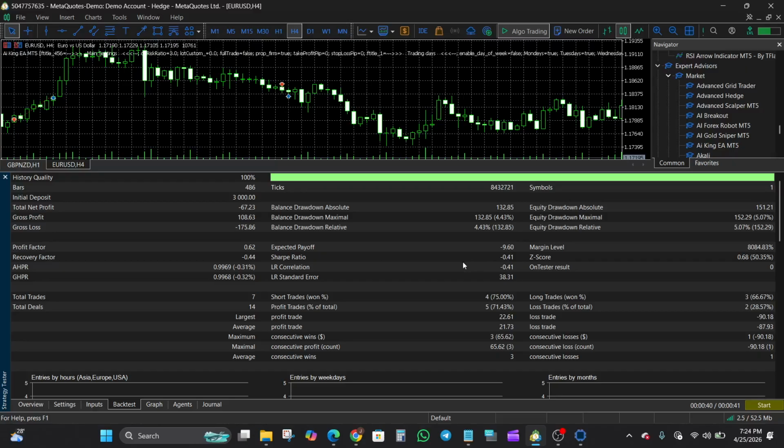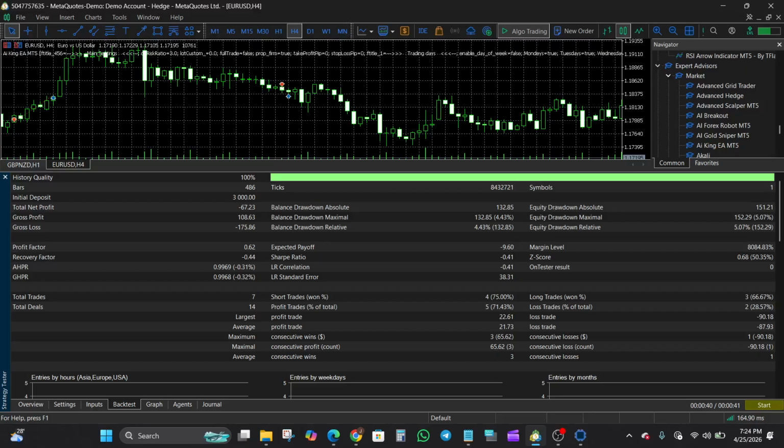And we only tested it on one time frame. Okay, so feel free to test the EA on your best time frame or across multiple time frames to get the best performing time frame. Remember that an EA could actually perform better on a time frame compared to others. So the EA shows a mix of controlled losses and some good trades as well, which is typical of structured risk systems.